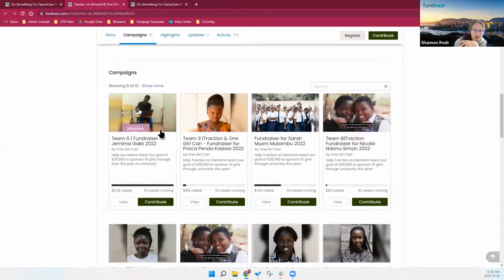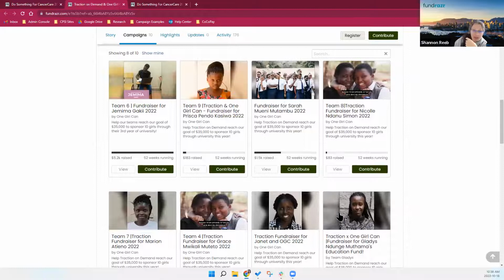I can look here and read all of the different stories of the different girls that they're trying to send to school. I can choose to donate from here. This grid, it updates, or sorry, it randomizes every 3 minutes. So I'm viewing this campaign now.